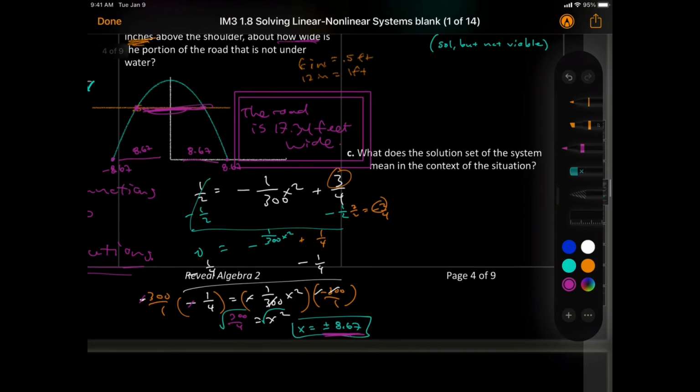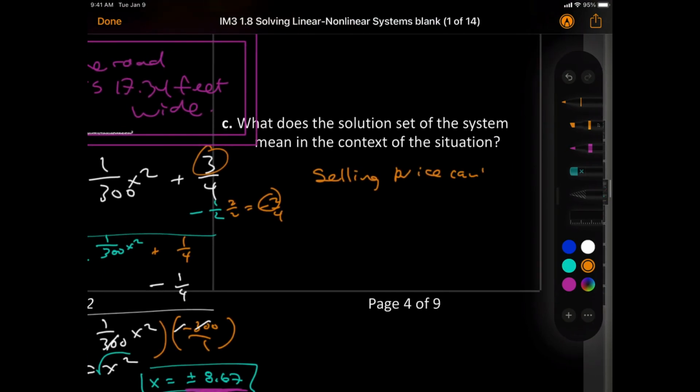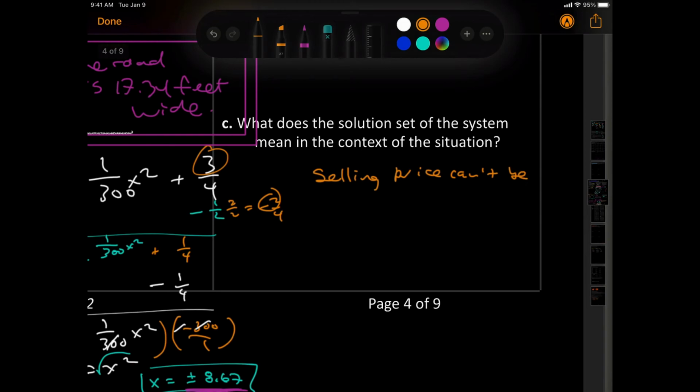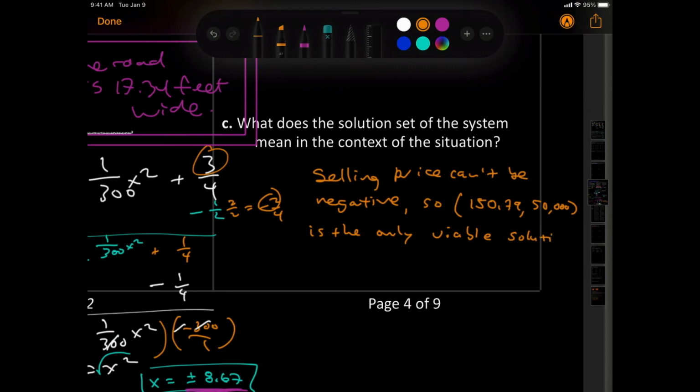So let's write a summary here. Selling price can't be negative. So 150.79 comma 50,000 is the only viable solution in this context.